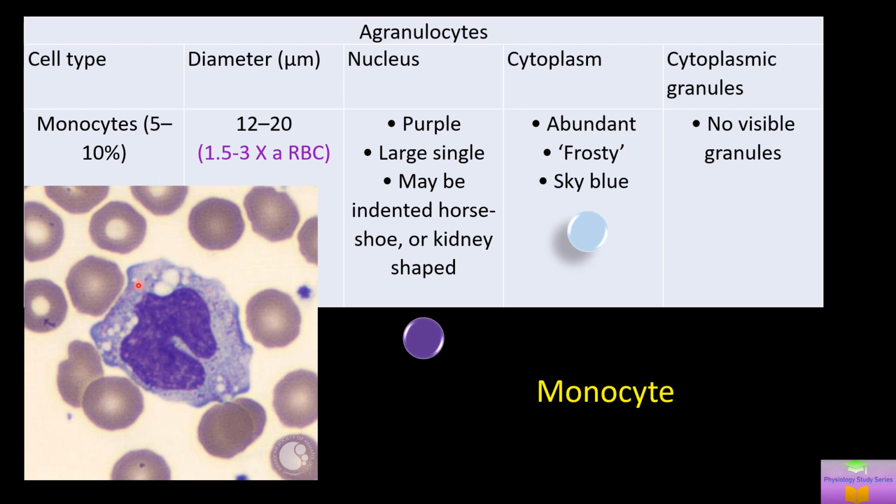The diameter of a monocyte is roughly 12 to 20 micrometers. The rough estimate size of a monocyte is 1.5 to 3 times the size of an RBC.